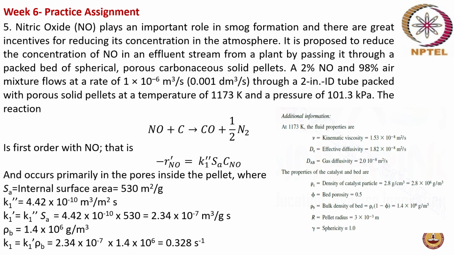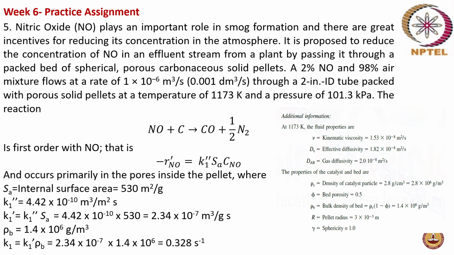Now we can also convert this specific reaction rate constant in terms of per gram of catalyst, and also considering the volume of the reactor. So with respect to per gram of catalyst, K1 prime is K1 double prime into SA. SA is nothing but your internal surface area.